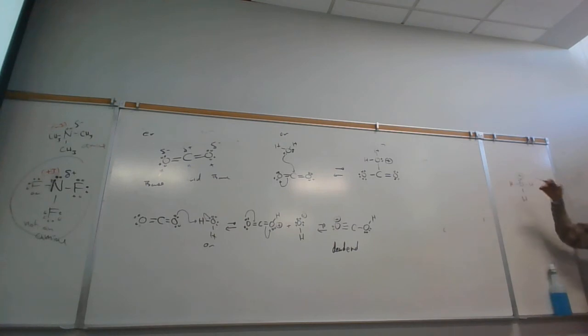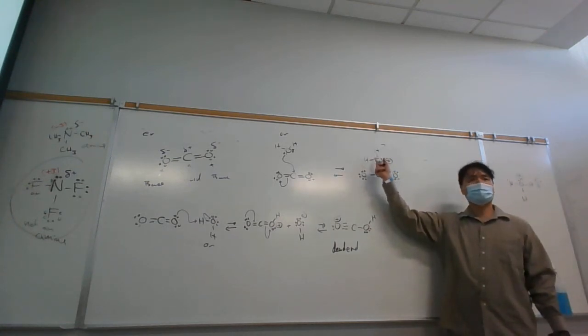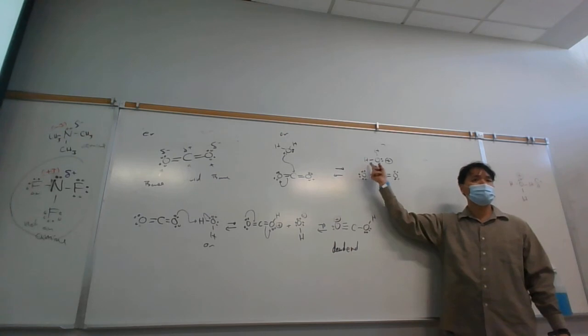Plus. This is the same reason why aluminum aqua complexes are so acidic, even though it's just water. And so what we have here now is electron withdrawing occurring into the oxygen because of the positive formal charge, making these much more acidic. So when I look at these hydrogens, I think, wow, those are pretty acidic hydrogens, right?